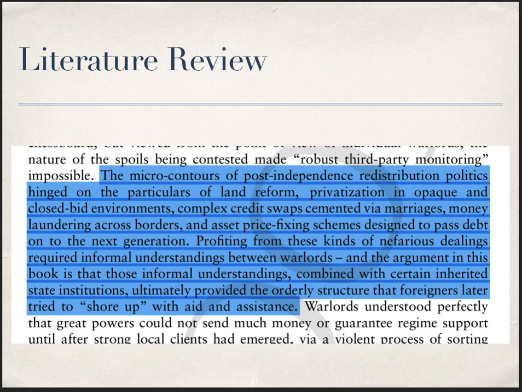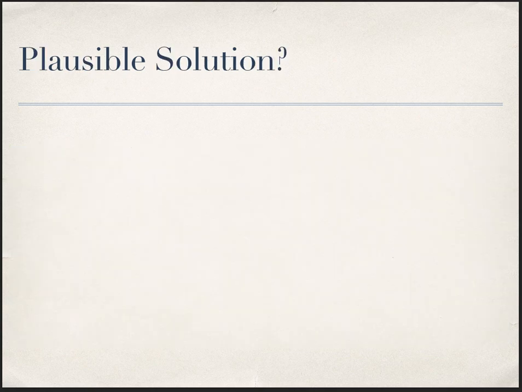Profit from these dealings requires a lot of informal understanding, and the warlords who command the force that are capable of profiting from these sorts of relations are really able to hide what they're doing from third-party guarantors. It's very, very difficult for the United States to go into a place like Iraq and police it. You simply can't tell what's happening in the localities well enough to undermine the power of the warlord.